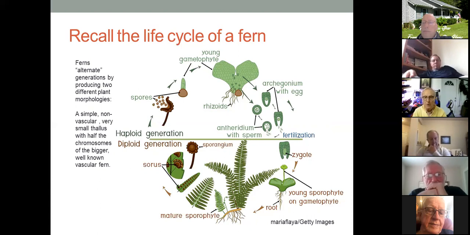mosses or liverworts, or any moist area that is going to allow the spore to germinate and produce this very primitive collection of cells called a gametophyte. The gametophyte actually produces the sex organs, which are external to the little plantlet.